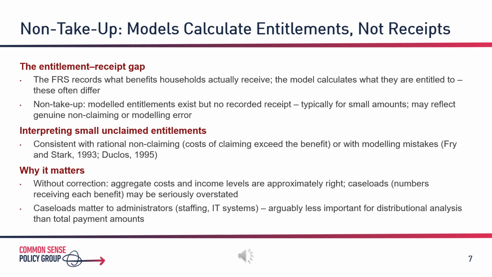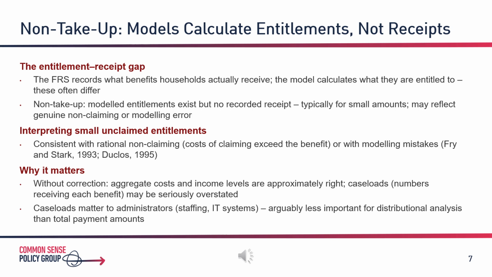Small entitlements are less likely to be claimed, and household characteristics like age, family structure, and disability status that affect both genuine take-up behavior and the likelihood of modeling errors. This correction is applied in sophisticated models like the Landman TTM, but not in the simplified teaching model in this lecture.